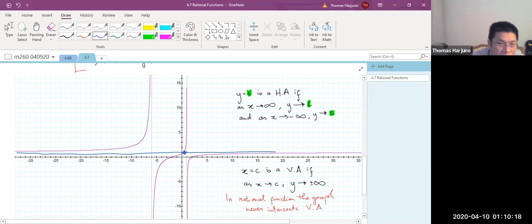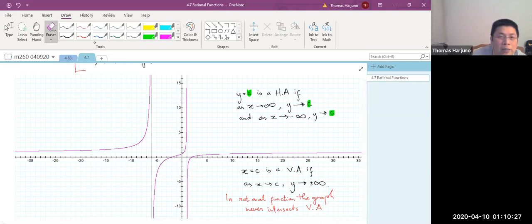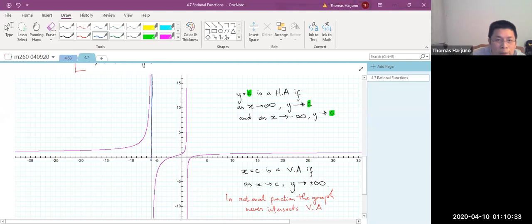For the horizontal asymptote, it is okay that the graph crosses it. However, for vertical asymptote, the graph never crosses it. And the reason, as you will see later on, has something to do with the numbers we need to avoid when we look for the domain.